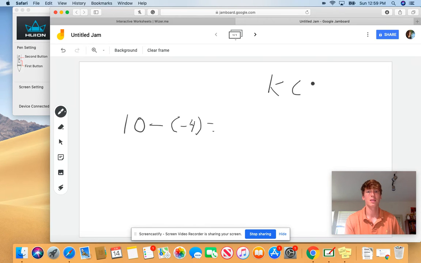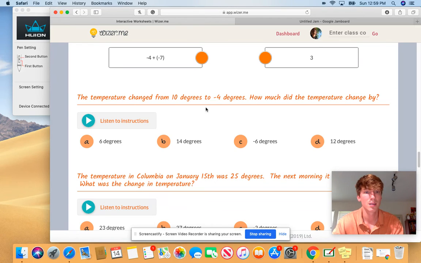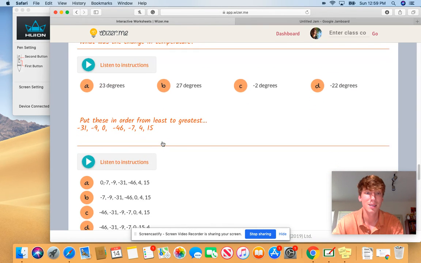Keep, change, change. Okay, so we keep 10. We change subtraction to addition. And we change this negative into a positive. So it's just going to be 4. 10 plus 4 is 14. And that's our answer. Well, look, there it is.